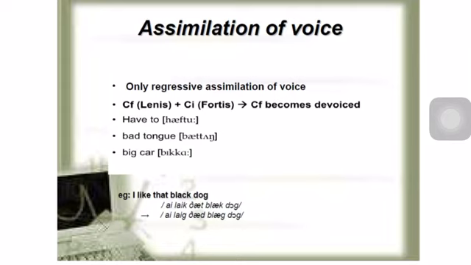Regressive means the direction of change will move from the second sound back to the first sound. So we have the expression "have to." In connected speech, when we say such an expression in very fast speech, the ve will be turned into fe. And instead of saying "have to," we say "hafto."